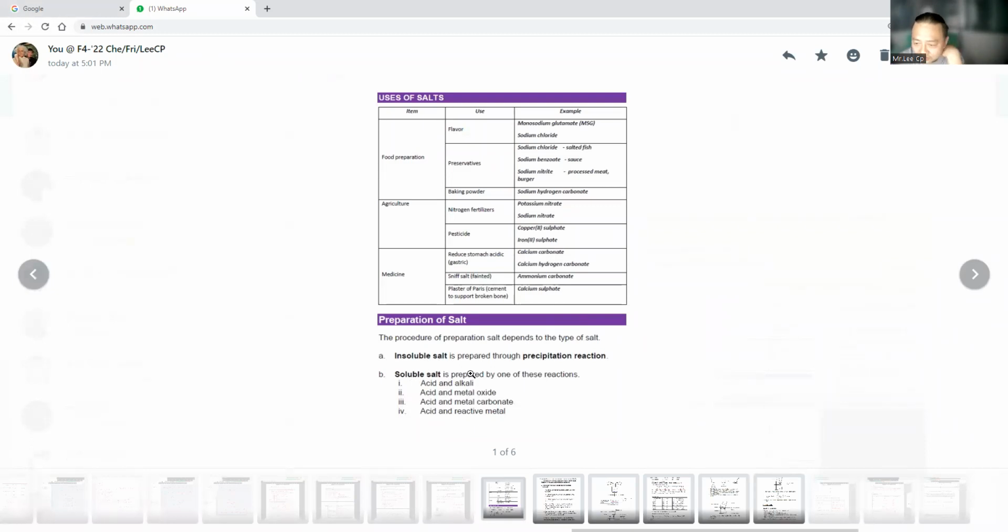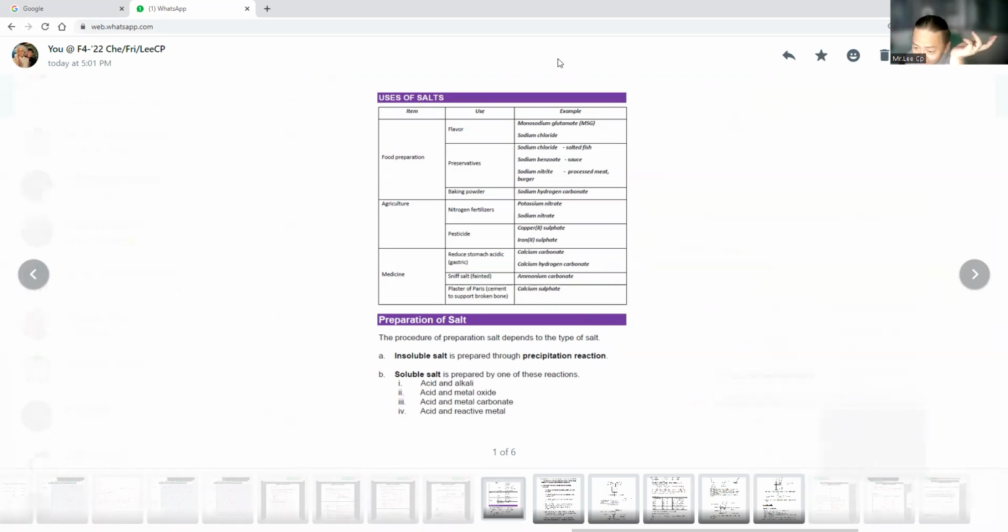So the soluble salt can be prepared by 4 ways, right? These 4 ways. First one, acid and alkali. Acid and alkali, you produce what? Acid and alkali produce salt and water, right?